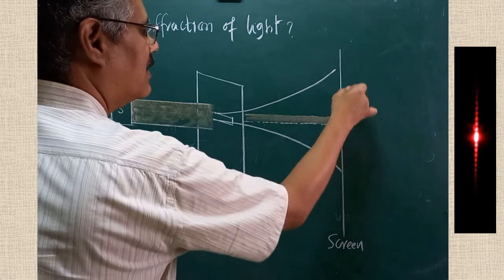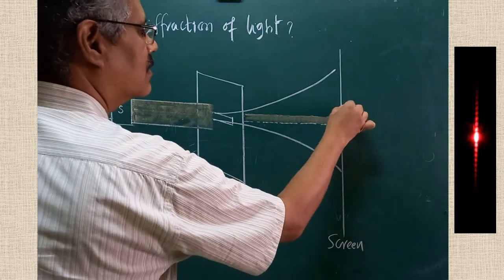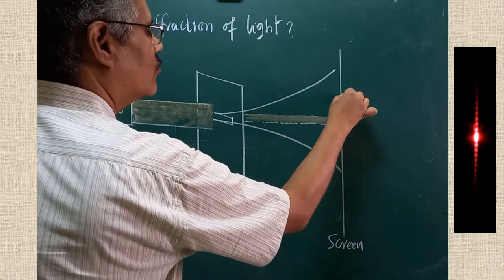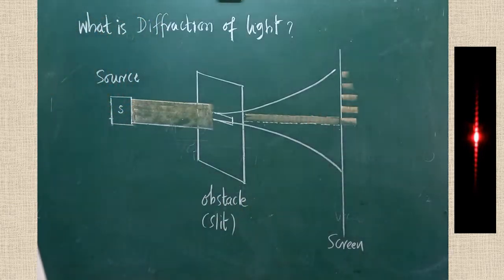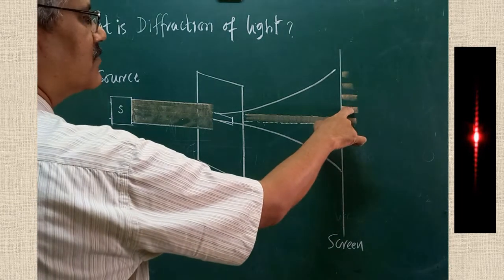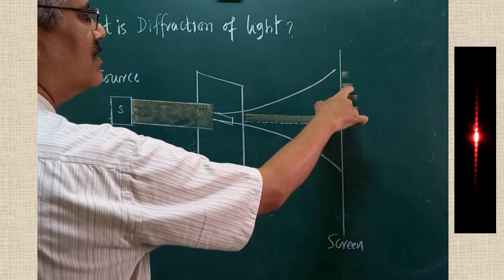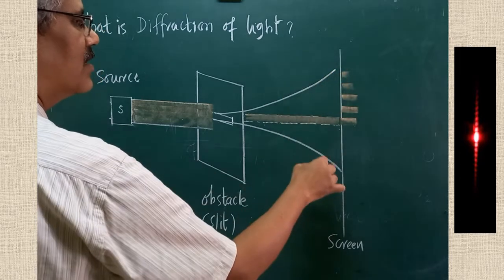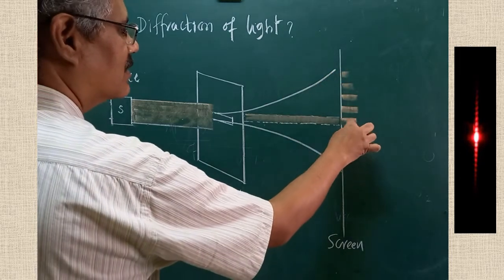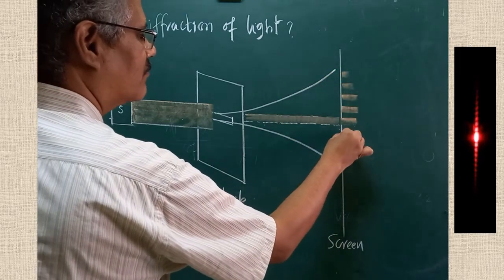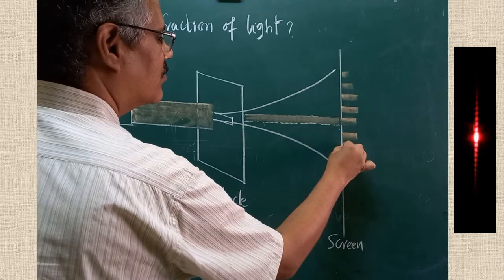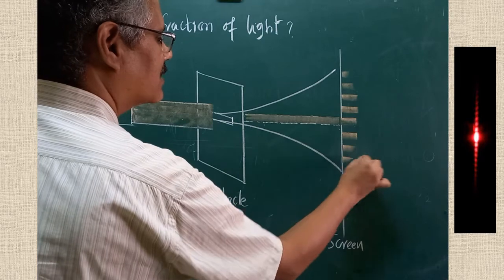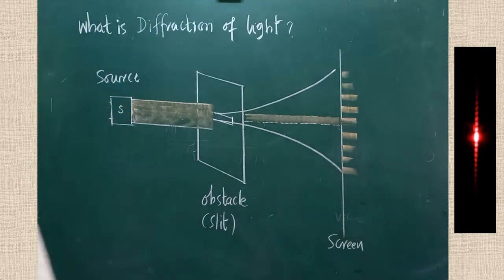On either side of the central bright band, you can observe a few bright bands with lesser intensity. This one could be called the first maxima, second maxima, third maxima, fourth maxima. So like this, just below this, the first maxima will be created, the second maxima will be created, the third maxima will be created, the fourth maxima will be created.